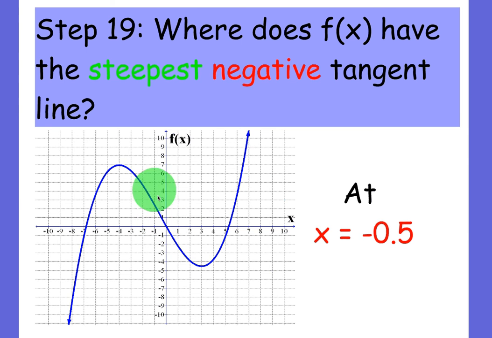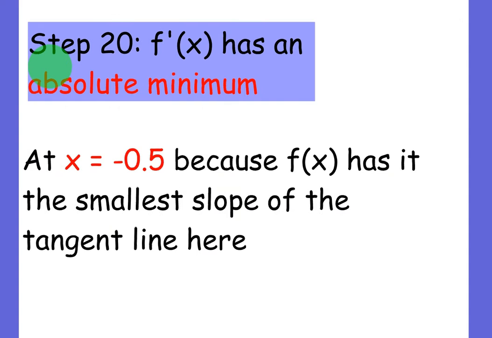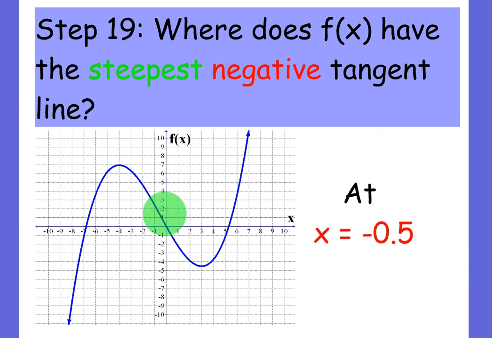Well, if the original has the steepest negative tangent line right here, that's going to be an absolute minimum for the derivative. Because remember, the derivative is all about the slope of the tangent line, so if that's the smallest or the most negative tangent line slope, then at x equals negative 0.5, it will have an absolute minimum because f of x has its smallest slope of the tangent line here, or most negative you can think of.